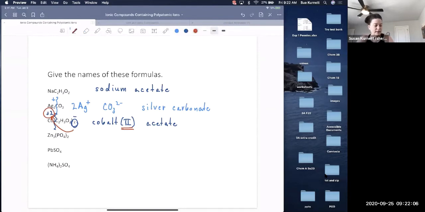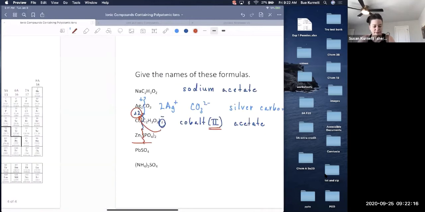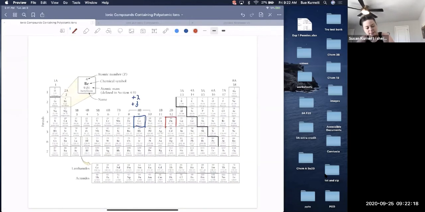Okay, ionic compound. I know it's a compound because there's more than 1 capital, no charge showing. I recognize zinc is a metal. That's how I know it's ionic. Zinc is here on the periodic table, and silver, zinc, cadmium, and then these are group 3. They form sort of this stair step of +1, +2, +3 fixed charges.